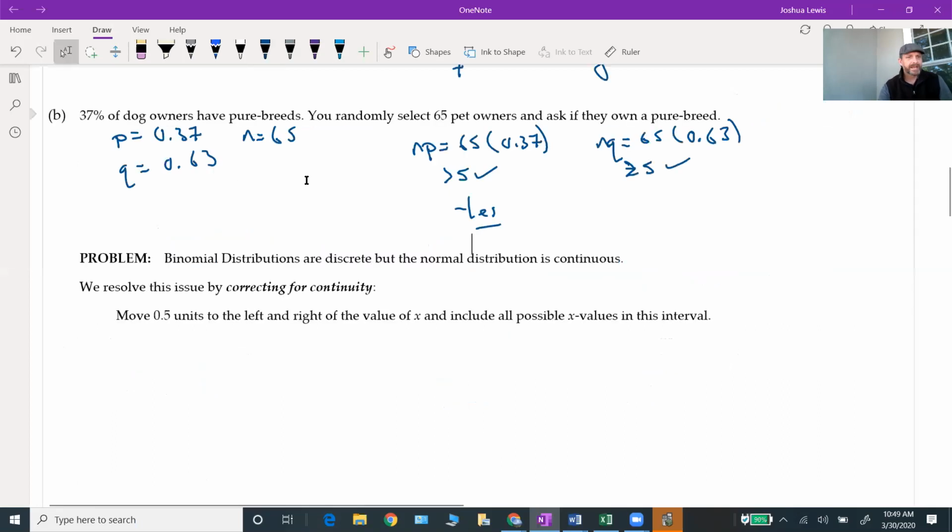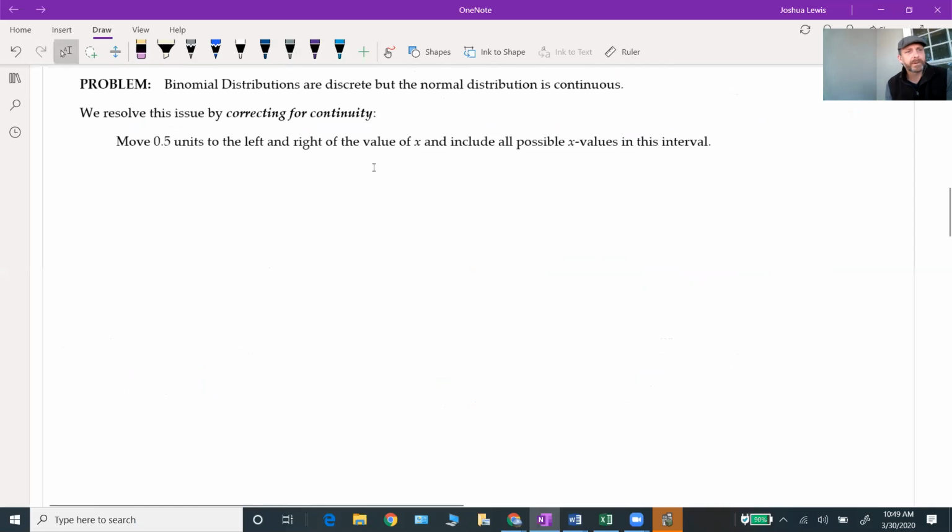All right, but here's the problem. Binomial distributions are discrete, but the normal distribution is continuous. So if you think about wanting to find the probability that x equals a certain value under the normal distribution, that would be 0.